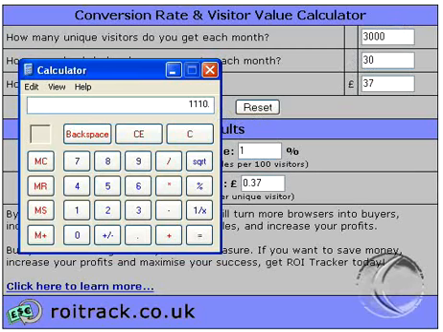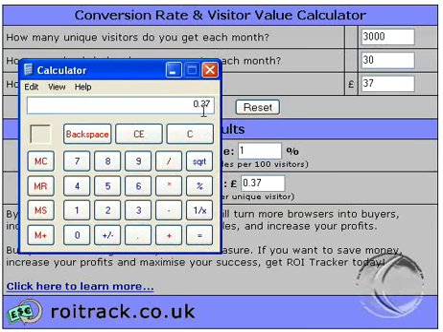So it's very easy the way you calculate that. You take the $1,110 that I make per month, or for every 3,000 visitors, and you divide by 3,000 visitors, and you get 37 cents. So here's why visitor value is so important.